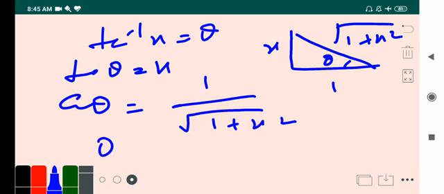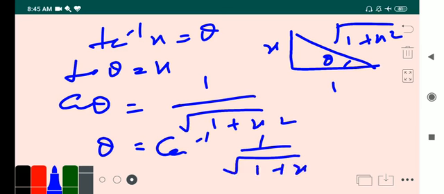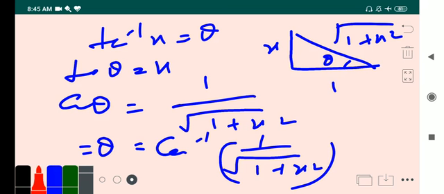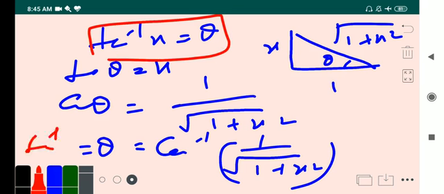So theta equal to cos inverse 1 upon under root 1 plus x square. And theta we have already assumed is how much? Tan inverse x. So we have tan inverse x equal to cos inverse 1 upon under root 1 plus x square. Using this type of conversion we can solve many questions easily.